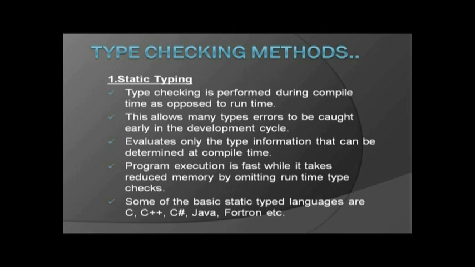Static type checkers evaluate only the type information that can be determined at compile time. Program execution may also be faster or take reduced memory by omitting runtime checks and enable other optimizations. Some of the most commonly statically type checked languages include C, C++, C#, Fortran, Java, and etc.